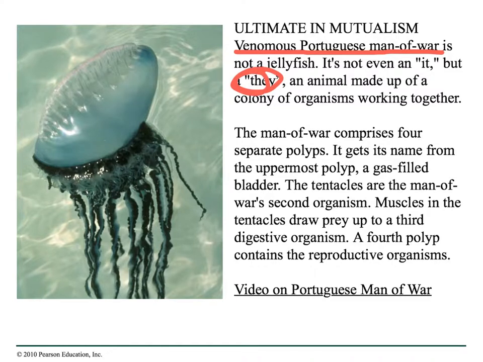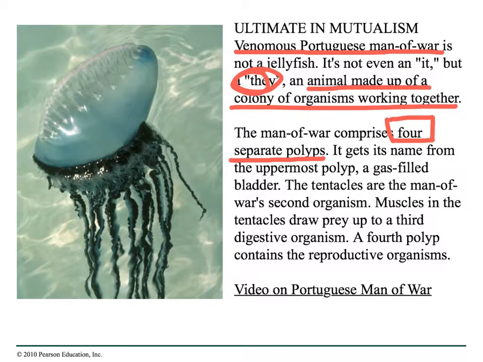A Portuguese man of war is an animal made up of a colony of organisms working together. So there are 4 different separate polyps that work together to form something that looks like an organism, and they have different DNA even.